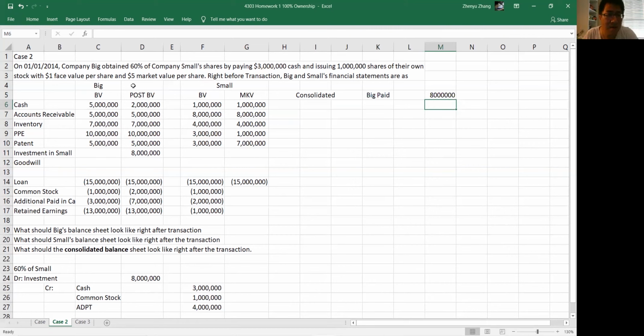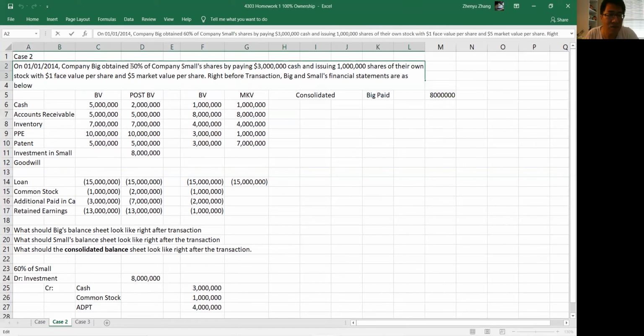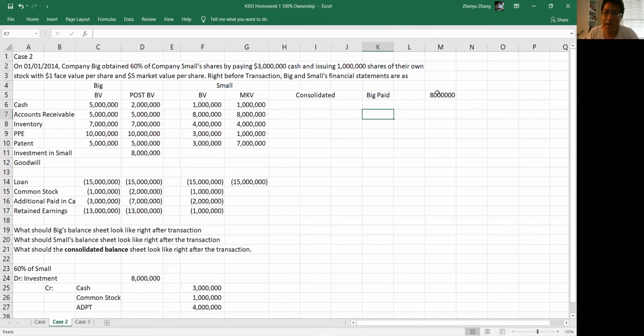You know what? I don't like this number. Let me change it to 80%, so the calculation is more friendly for me. Heck, 60 or 60, whatever. Big paid 8 million for 60%.